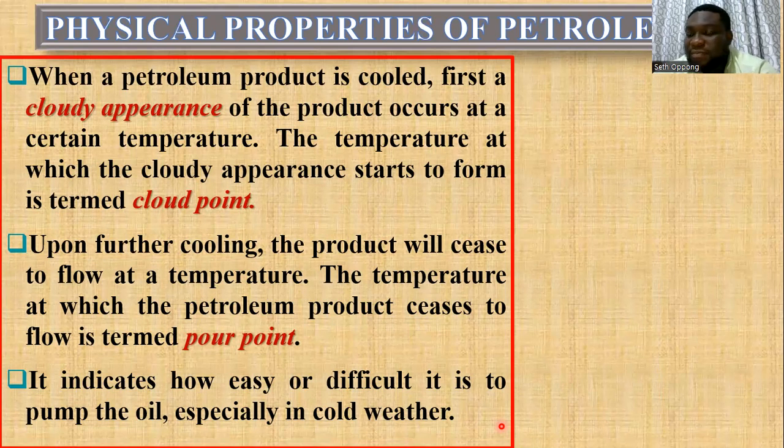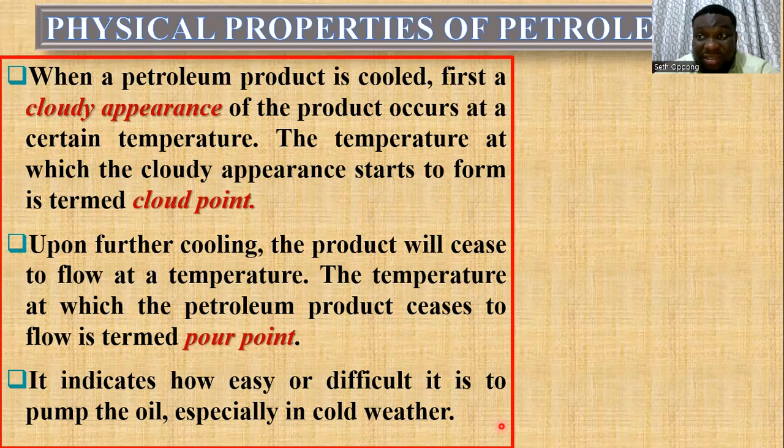Because of that effect, what we call the pour point happens to your oil, and due to that pour point, your oil ceases to flow. So in crude oil, we have something called the pour point and the cloud point.